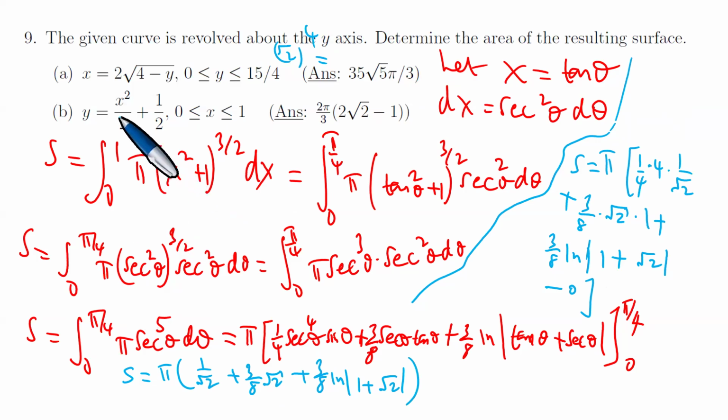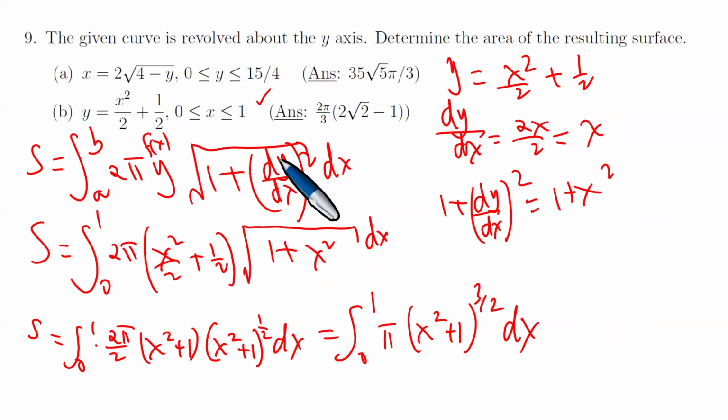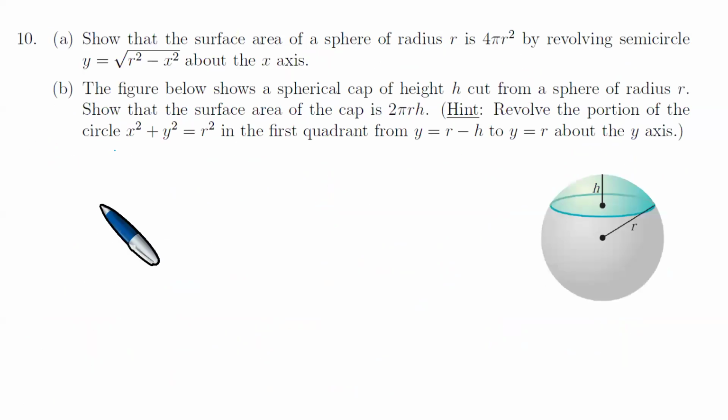The other way is to make x the subject and then do the dx dy formula. Use the other formula, because we used the dy dx and then we got that answer. And then we can also use dx dy to get the answer, and then begin to compare the two answers. As far as I can think of, this is fine. Okay, let's move to number 10 to avoid wasting time.